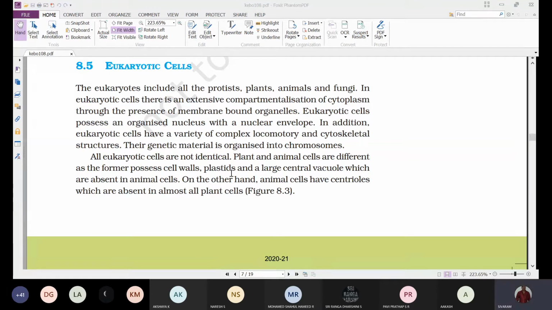The centrioles which are involved in cell division.